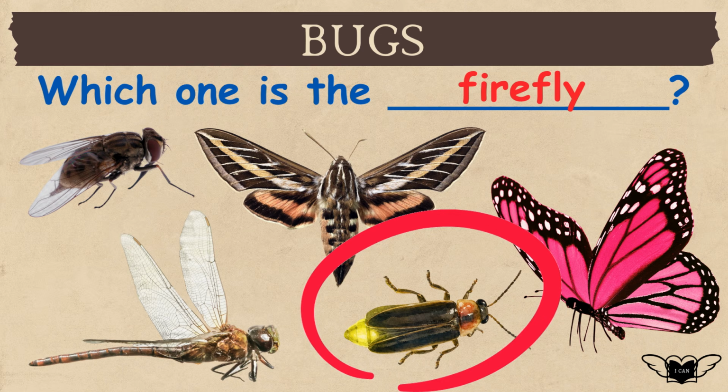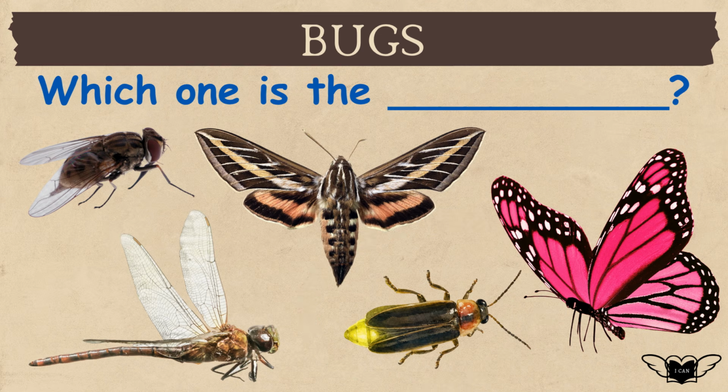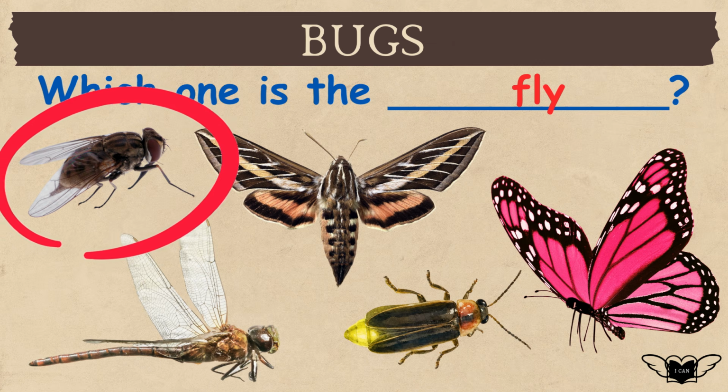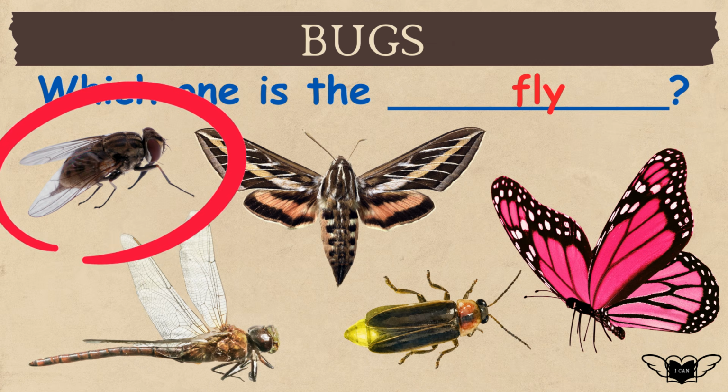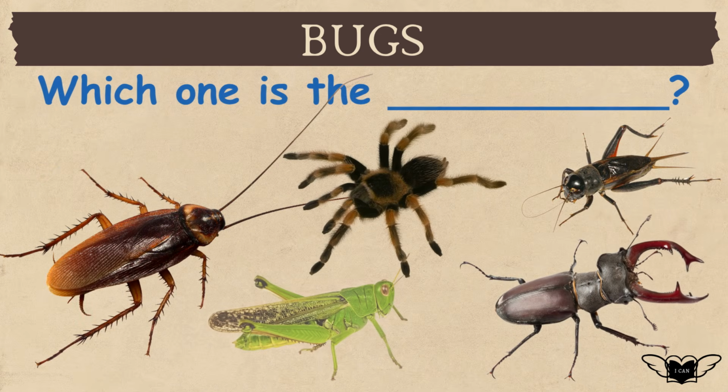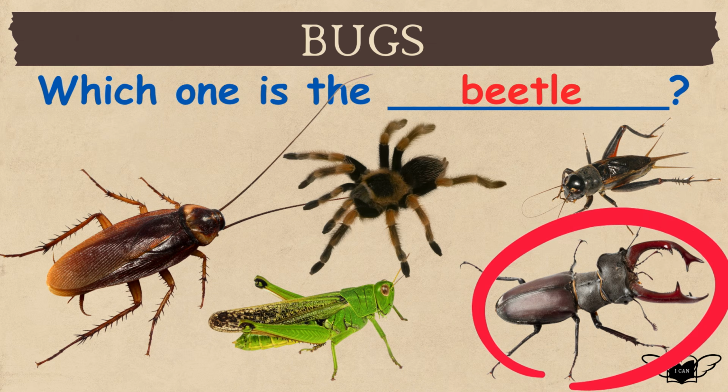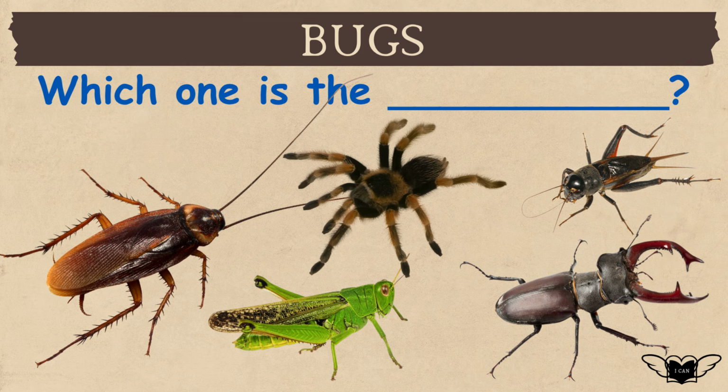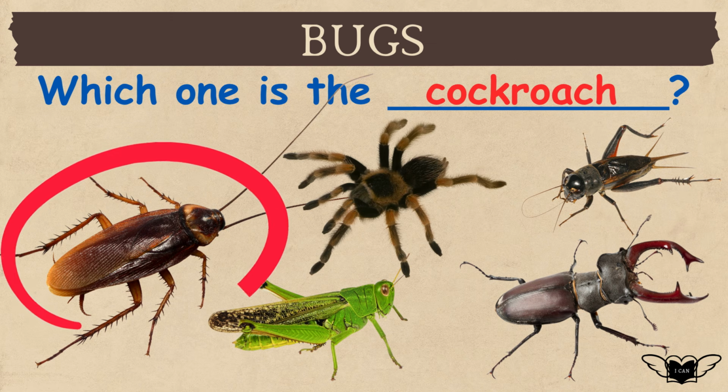This. Which one is the fly? This. Which one is the beetle? This. Which one is the cockroach? This.